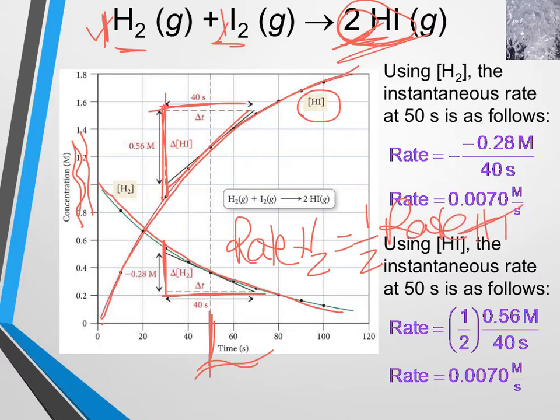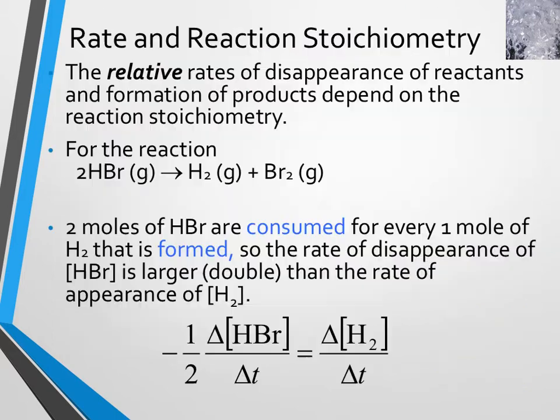Okay, so just to give you a preliminary glimpse when we compare rate expressions with respect to different reactants or products. So keeping that rate expression in mind that I just showed you for hydrogen iodide, let's look at another one. It's essentially just the reverse of the one I showed you.